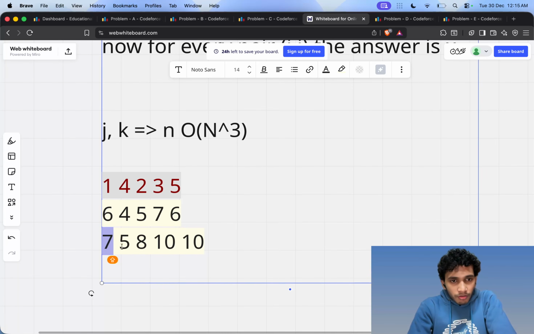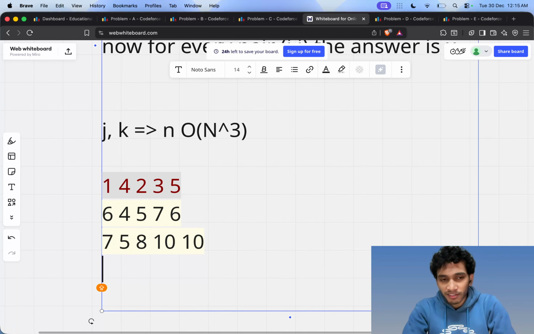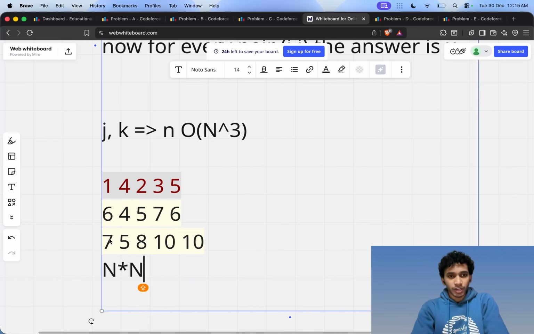This is an option, this is an option, this is an option. Every possible index is an option for each j. So how many possible combinations are there for j and k? There are total n into n combinations. We can choose 1 comma 2, 1 comma 3, 3 comma 1, 2 comma 1, anything for j and k.